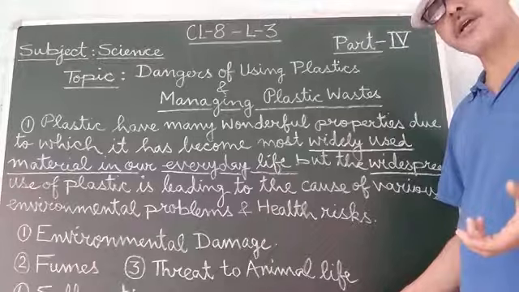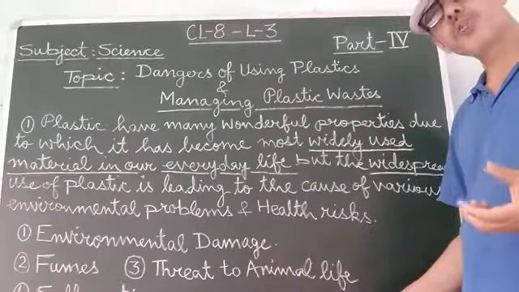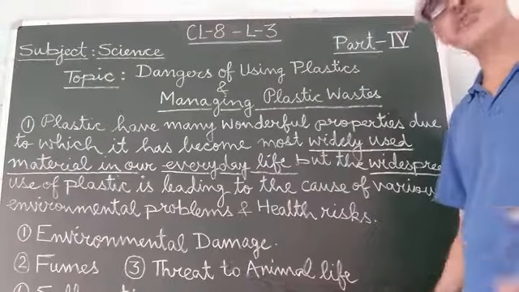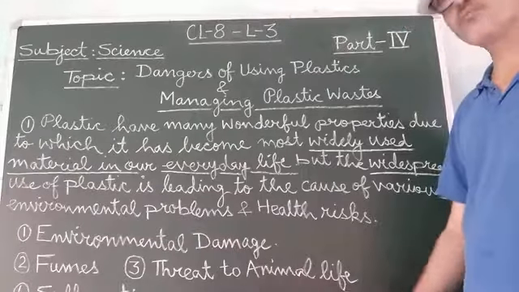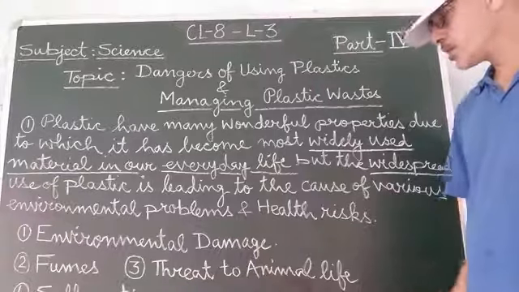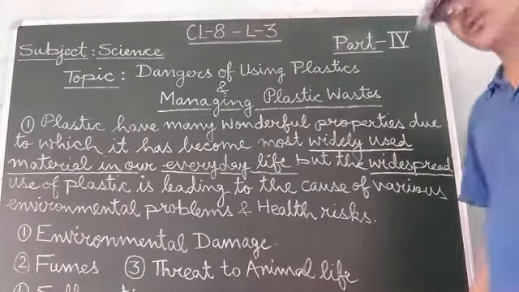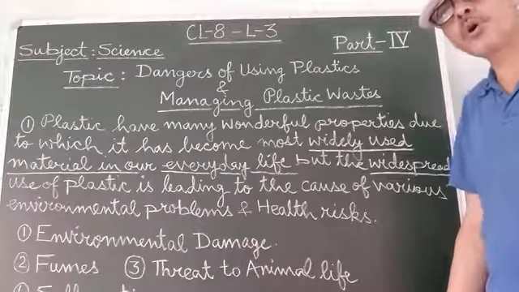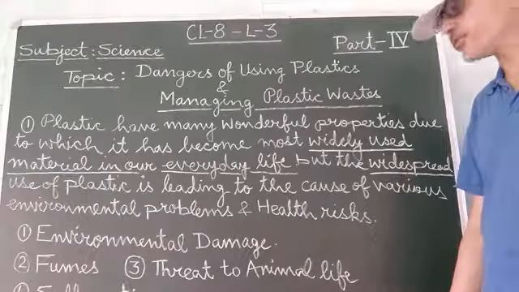It chokes their digestive system, and it also sometimes blocks their respiratory system, which leads to the death of these animals due to suffocation. So in this way there is a danger and threat to animal life when they swallow polythene bags, and these polythene bags block their digestive system or choke their respiratory system.